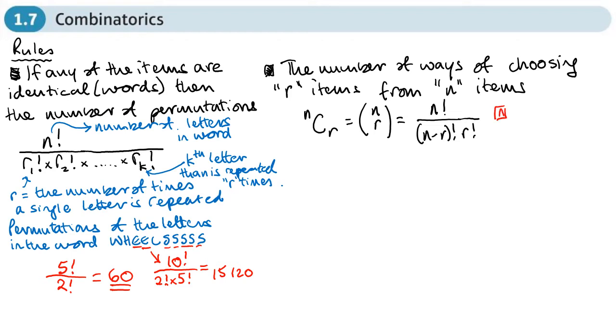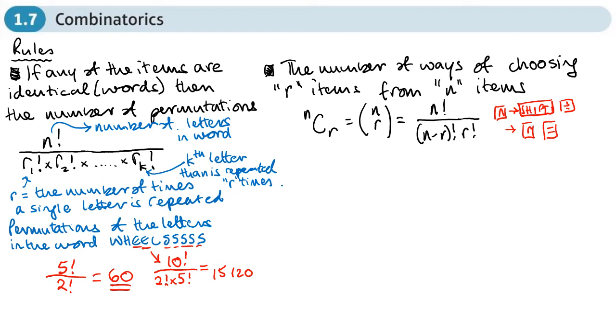You can use your calculator to work this out, and it's shift and divide to get this button. So you would type in first of all your value of N, then the shift button followed by divide, then you type in your value for R and then equals, and it will give you a value.